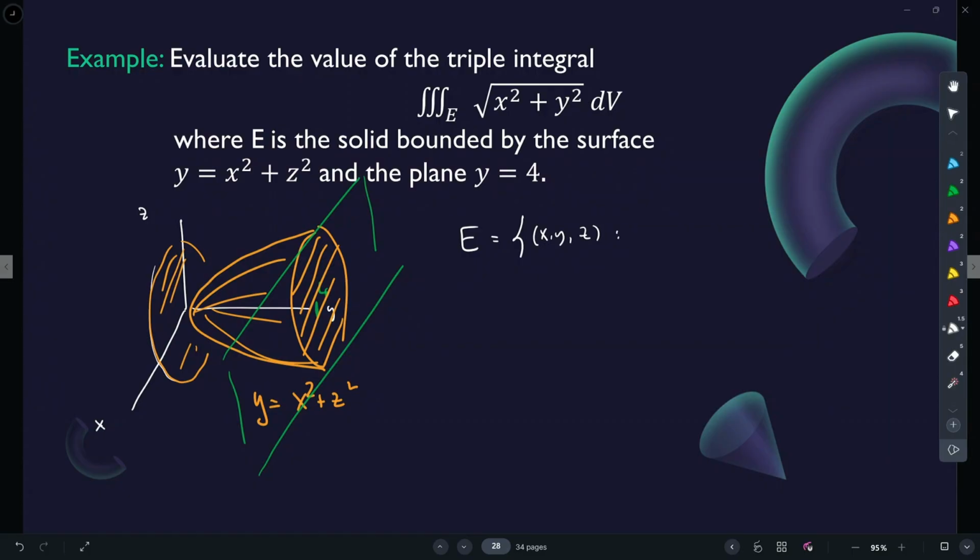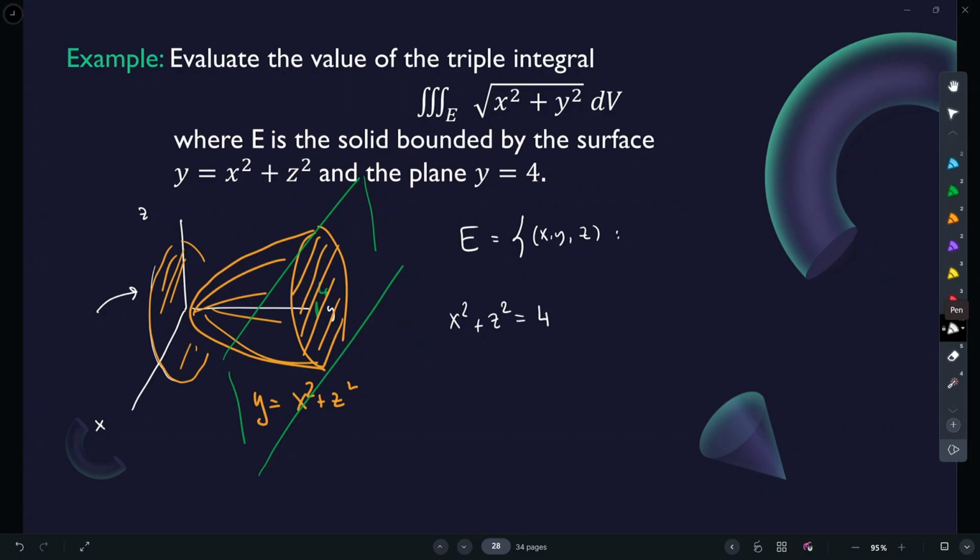So for example here, I can describe the x between, so what circle is this, by the way? What circle is that going to be? It's the same that we get when I cut out x squared plus z squared equal to 4.